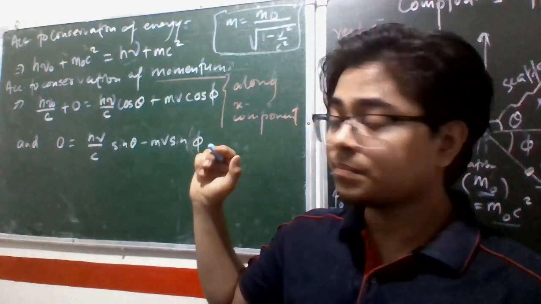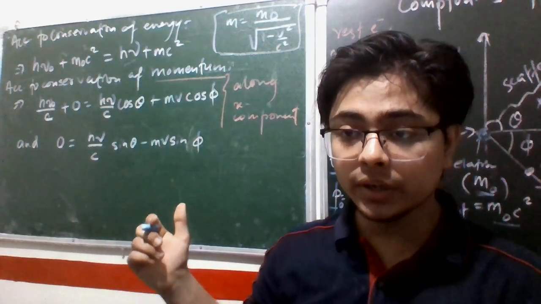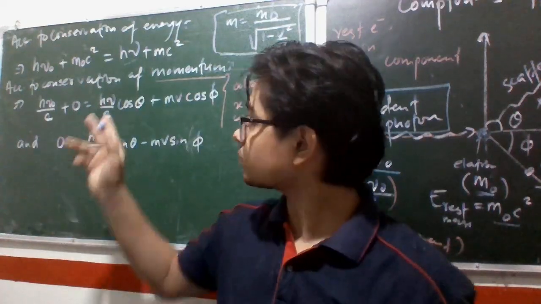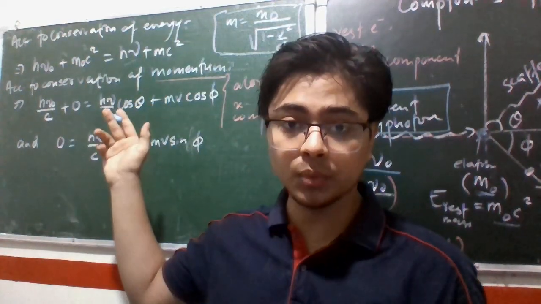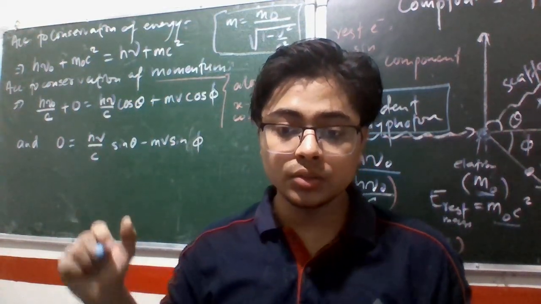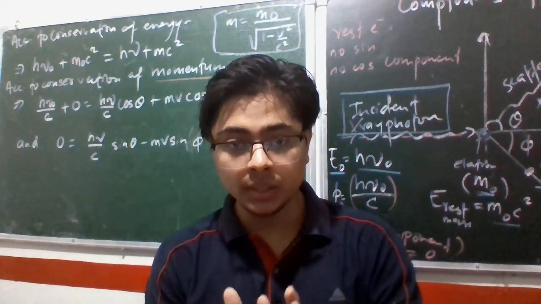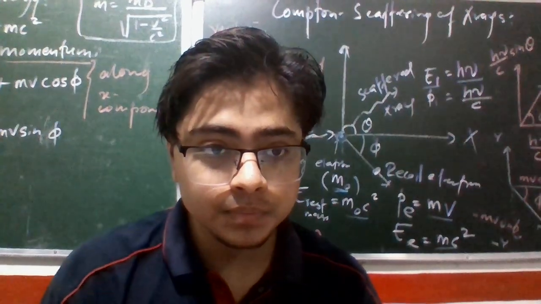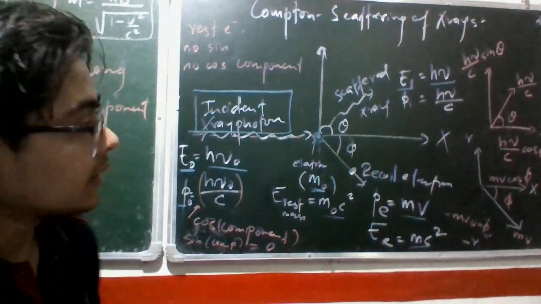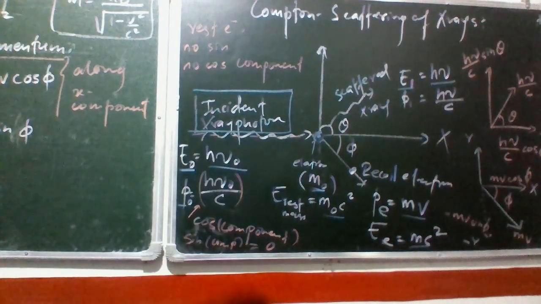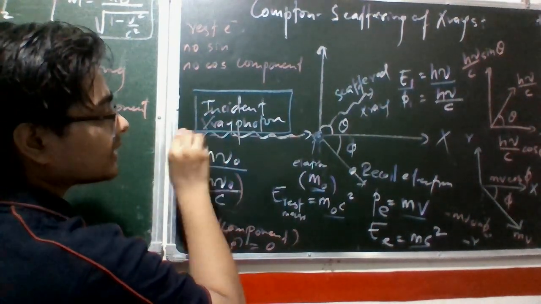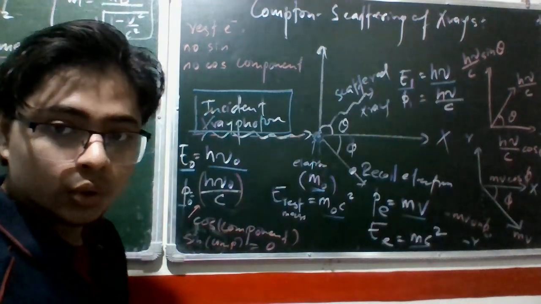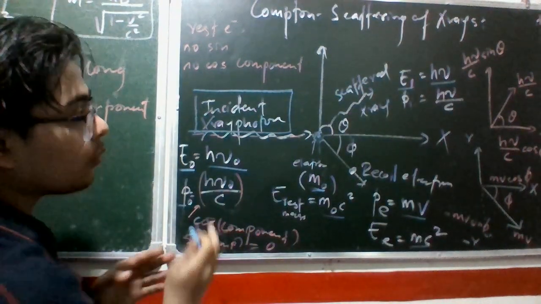Similarly, if you see the conservation of momentum, here we talk about two components of the momentum vector. So if you see here, this incident X-ray is along the x direction, so it doesn't have any y component.